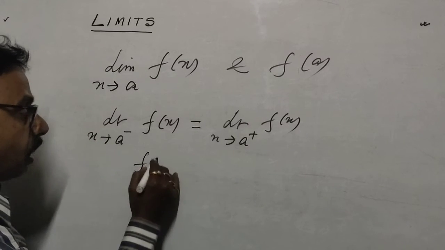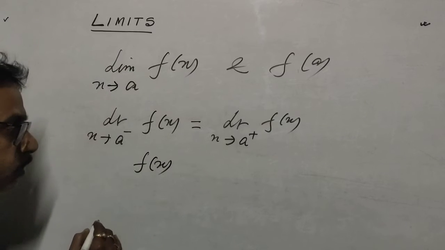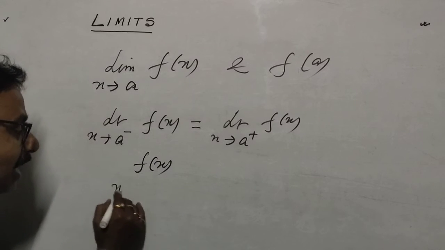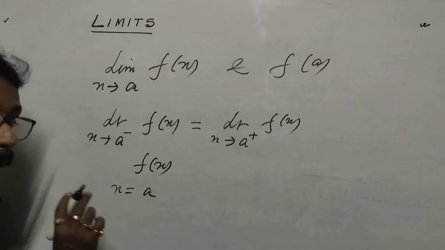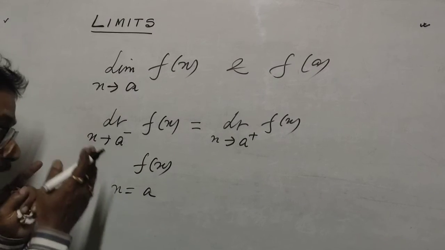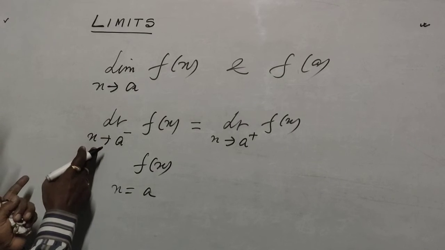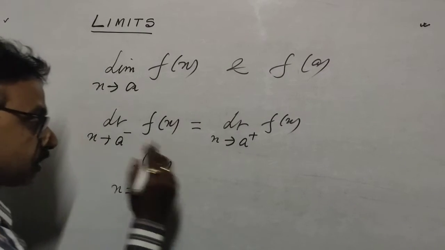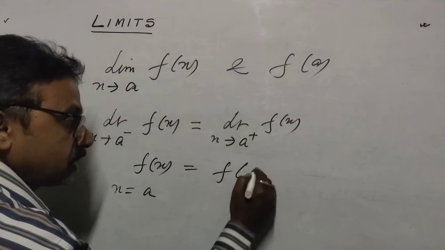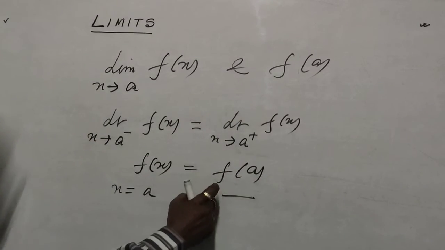Now for the function f(x), I want to find out the value of the function exactly at x equals a, not for points very close to a. For very close to a, I get the left hand limit and the right hand limit, but exactly if I put x equals a, then what is f(x)? That is f(a), the value of the function.